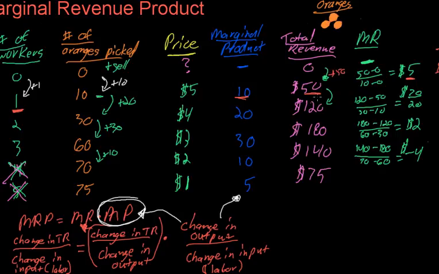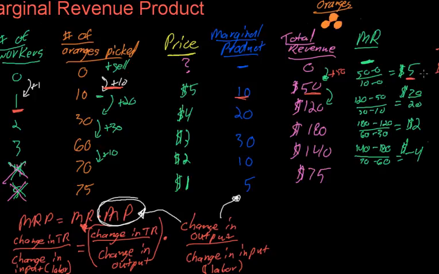And so I'm going to show you a shortcut way to calculate this like I promised in 1 second, but I want to go the long way first. And so the way that we see that is that we take the marginal product, the number of additional units that he produces, which I kind of showed in a new column right here, and we multiply it by the increase in revenue, the change in total revenue divided by the change in output, which is our marginal revenue, which is $5.